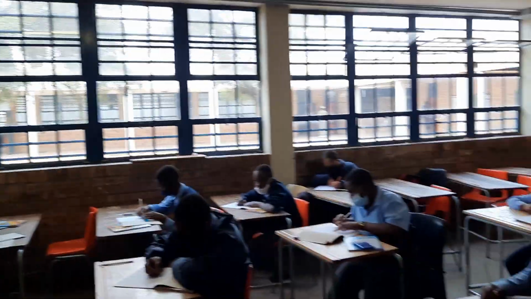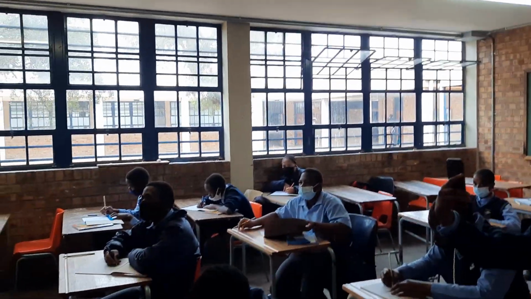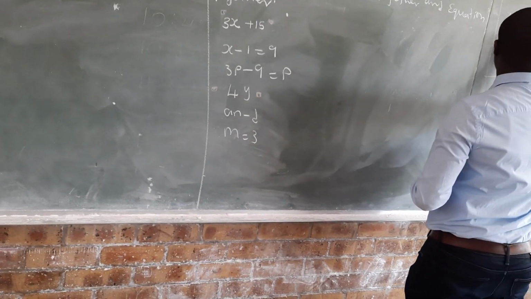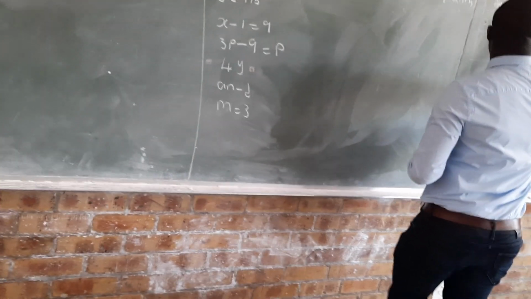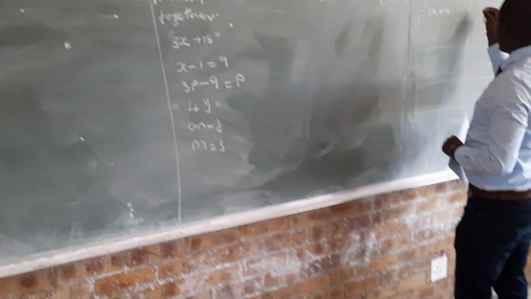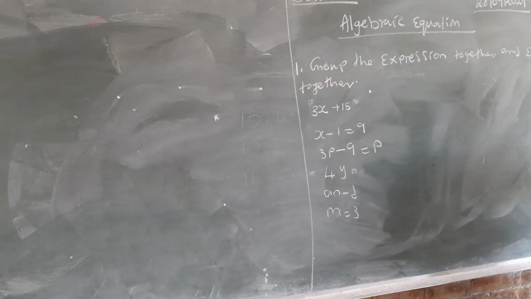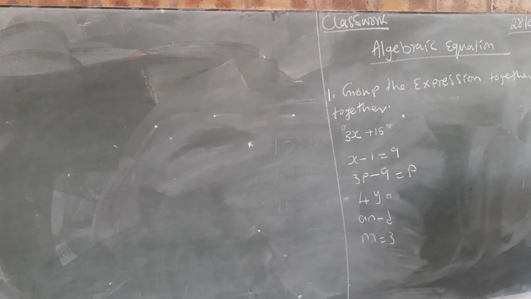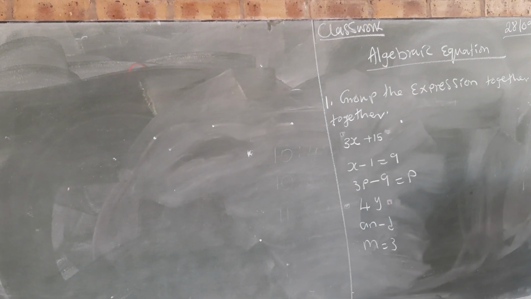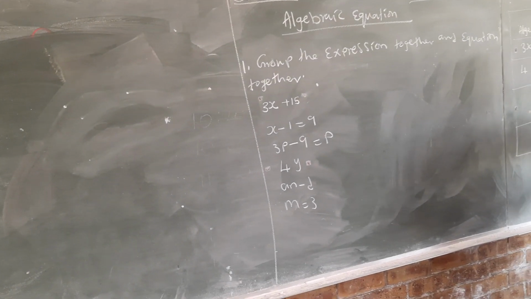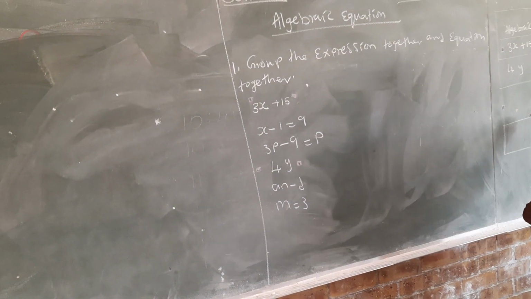Okay, what is the first expression that we have here? 3x plus 15. And the equation? x minus 1 equals 9. And another one? 3p minus 9 equals p.